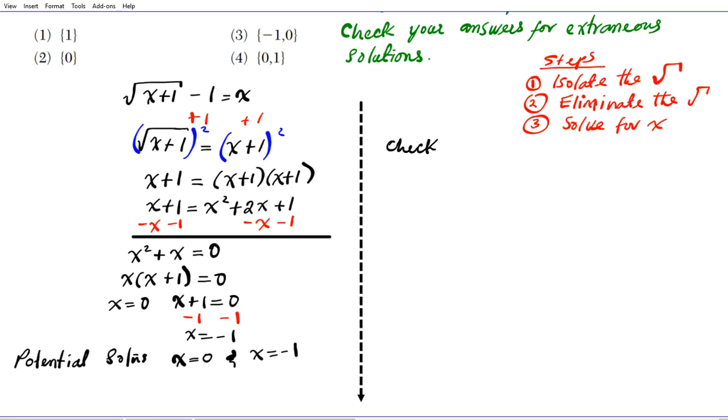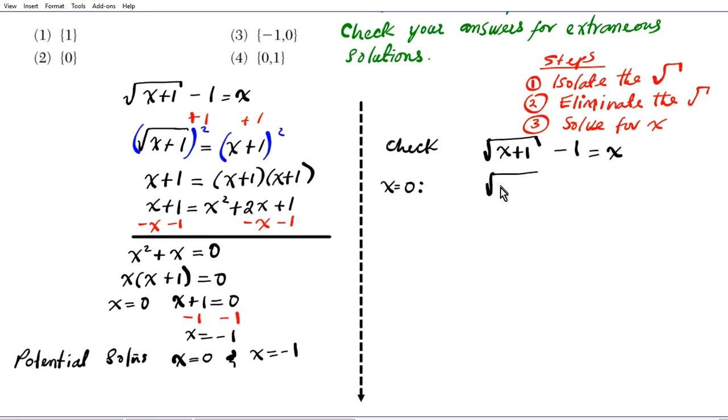Okay, so the check involves seeing which of these solutions satisfy the original equation, square root of x plus 1 minus 1 equals x. Let's start with x equals 0. So just plug in 0 for the x's and see if we end up with a true statement.